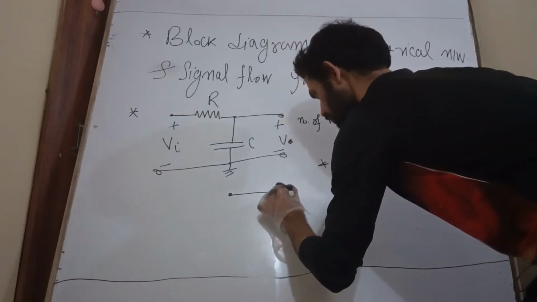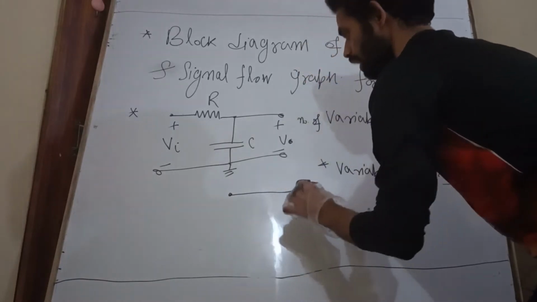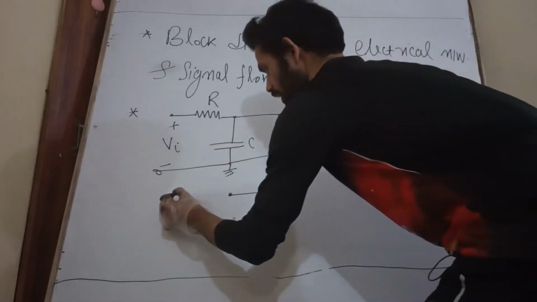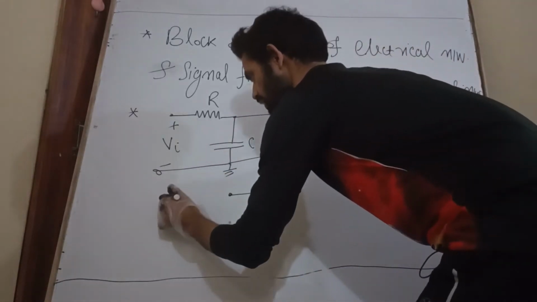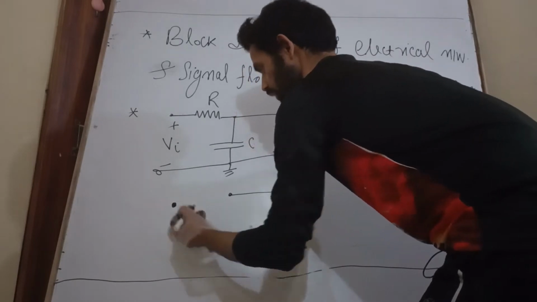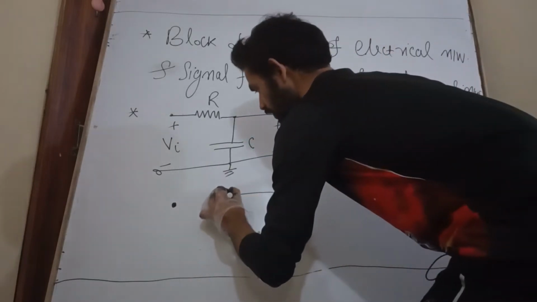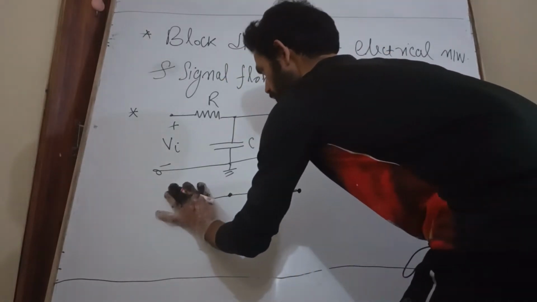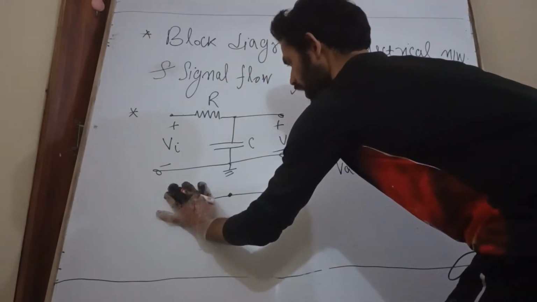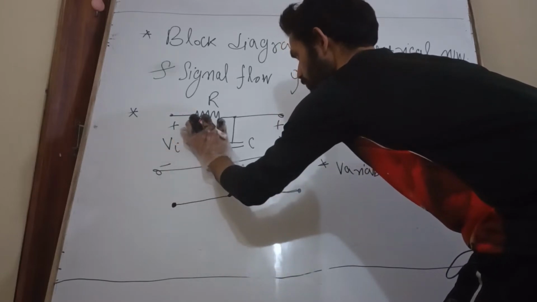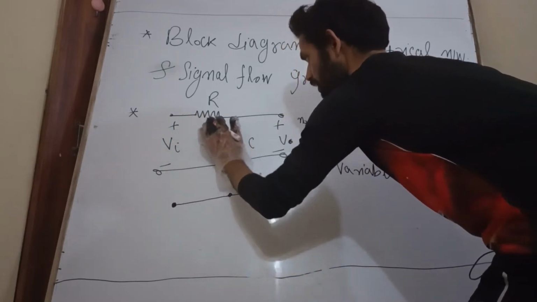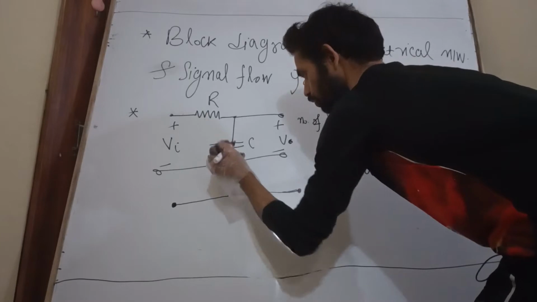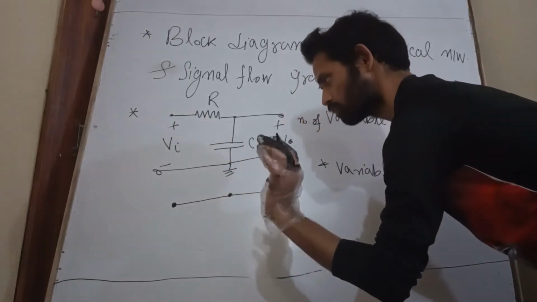Okay, so these are my two nodes, and except the reference node, that is the input node. Including the input node, how many nodes are there? Three. So except input, the number of nodes equals the number of electrical components, two.